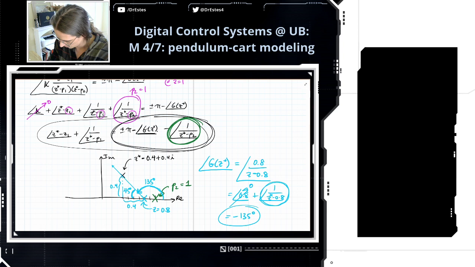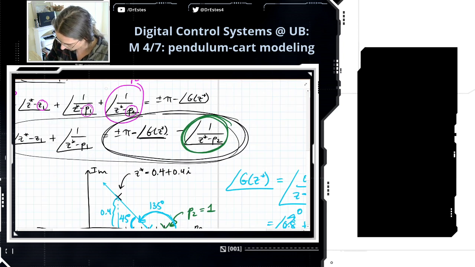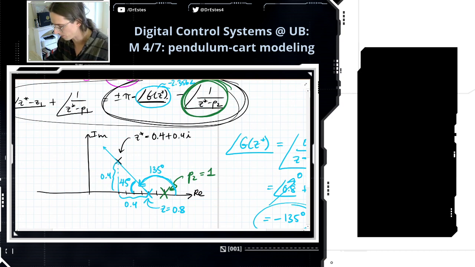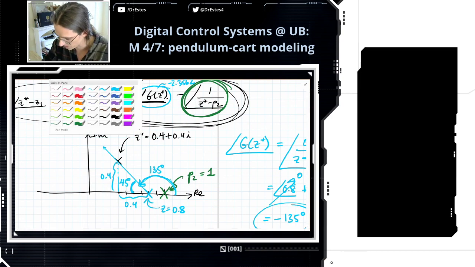So just remember that this part is equal to minus 135. Actually, we should put it in radians here. Minus 2.3562, but you're going to subtract that, so you're actually going to be adding a number there. That's probably something you might have run into. Okay, let's move on. Let's do this pole.